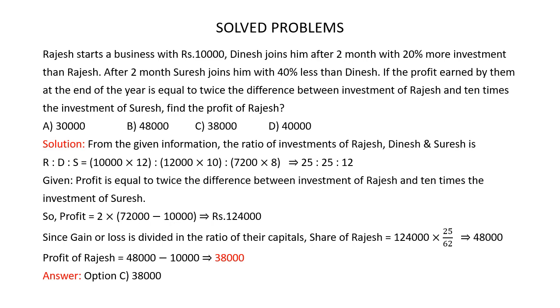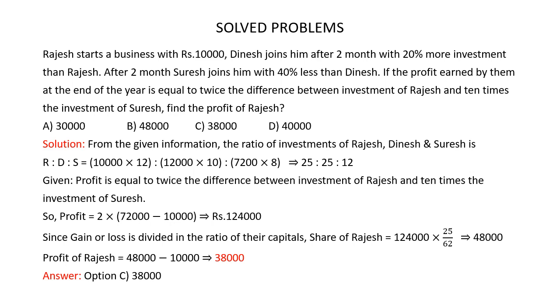After 2 months, Suresh joins him with 40% less than Dinesh. So Suresh's investment is 60% of 12,000 because Dinesh's investment is 12,000. Suresh's investment is 60% of 12,000, which is 7,200. Now Suresh invests 7,200 for 8 months.